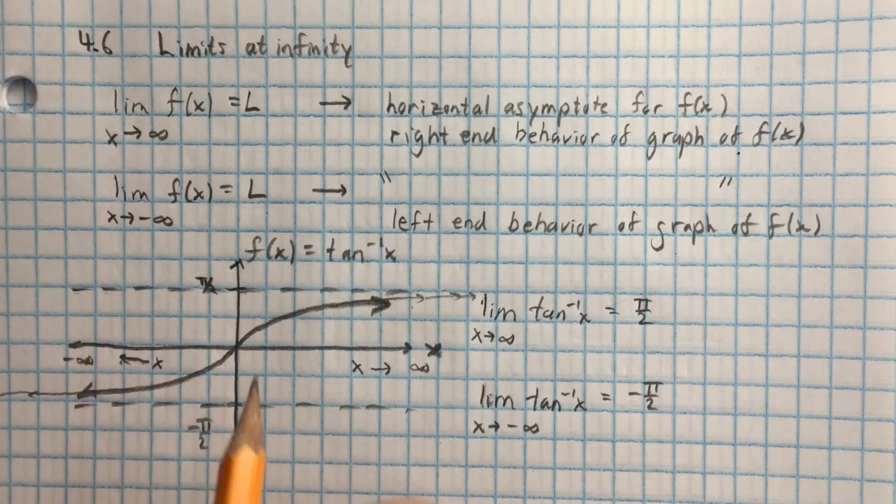As close as you can possibly imagine without ever coming in contact with, but certainly is heading towards a height of negative pi on 2. So therefore that is a horizontal asymptote for the tan inverse and simultaneously describes the left end behavior of the function.